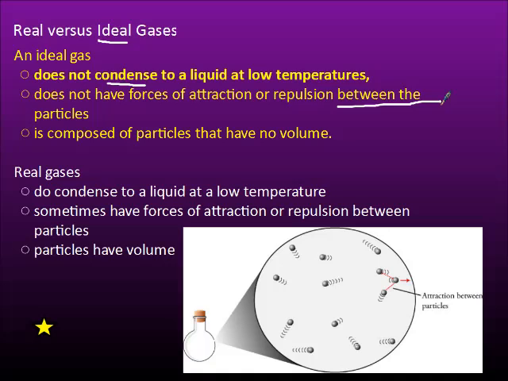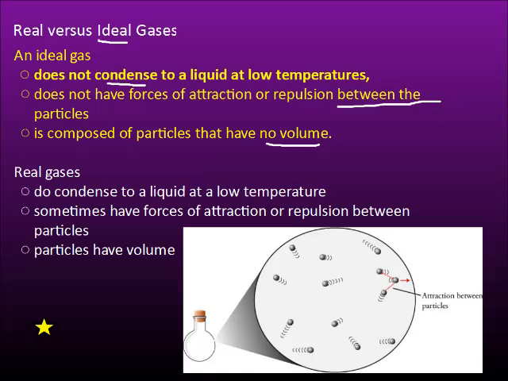They never stick to it. They never push off with more force than they came at the wall with. No force of attraction. We also assume that particles have no volume, because the volume of the particle itself is so small compared to the space that it takes up. We've assumed the volume is negligible or insignificant.